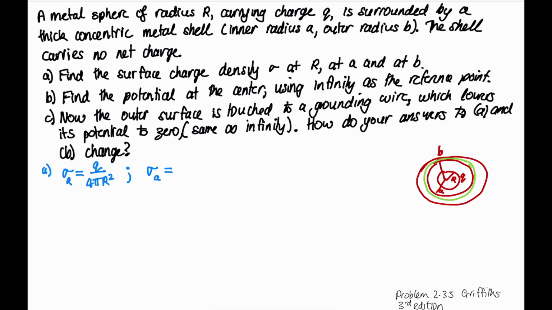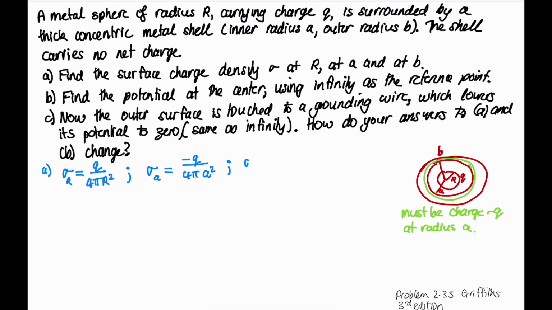So because it contains a charge Q from the inner sphere, it must contain a charge negative Q on this surface at radius a. So there must be charge minus Q at radius a. So we can use that to calculate the surface charge density. It's just the total charge, which is negative Q, divided by the surface area, and this is a sphere again, it's a spherical shell, so that is divided by 4 pi a squared.